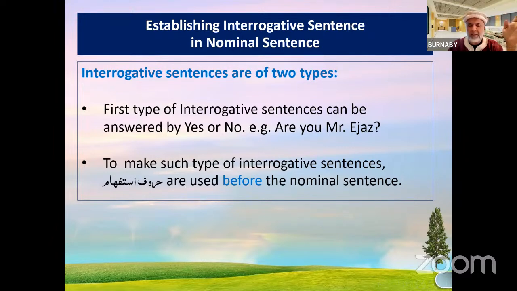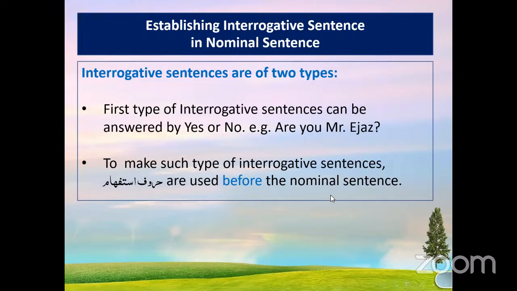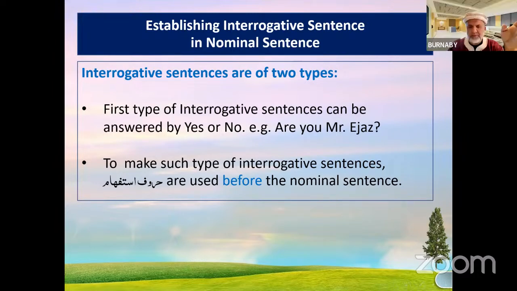Remember when we made it negative, we put the ma in the beginning. The inna was also in the beginning. So we need to know where to put them and what the difference is. I'm telling you about huruf istifham, and later on I'm going to tell you asma'i istifham. So what is the difference between the two?